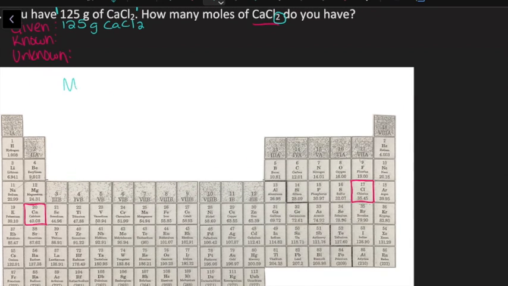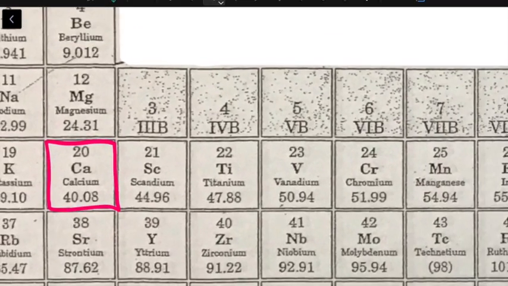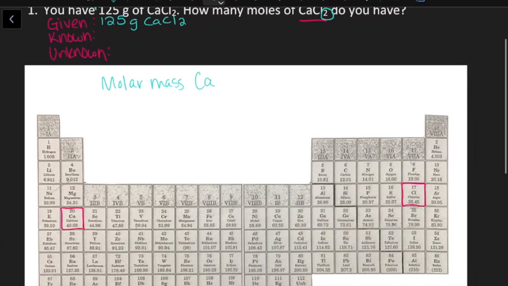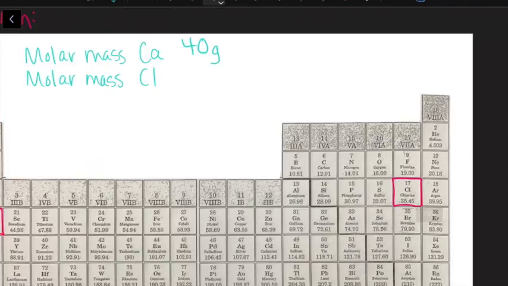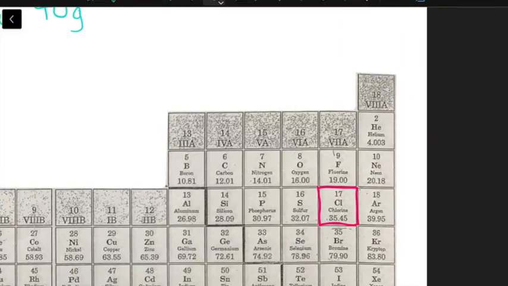So the molar mass of Ca, you just look at it and round it to the nearest whole number. That's going to be 40 grams. Then the molar mass of Cl, 35.4. We're going to round that down to 35.